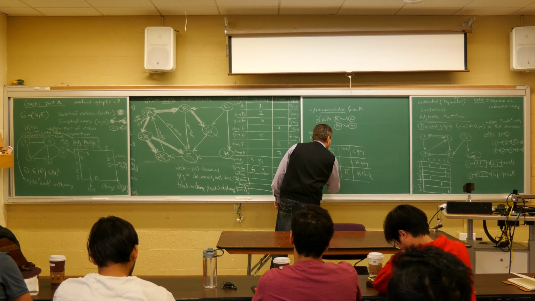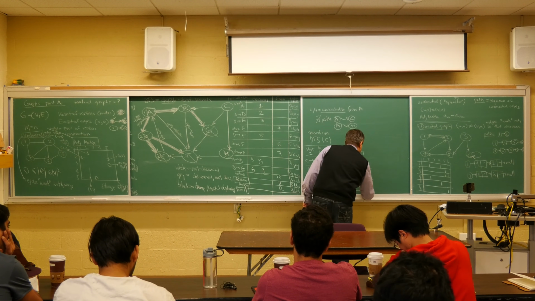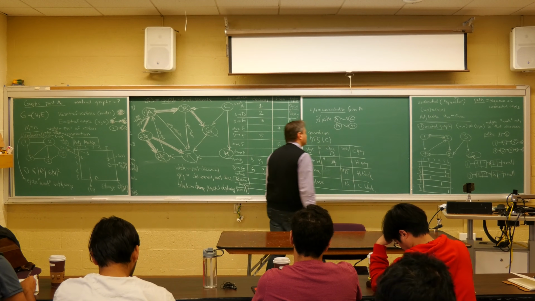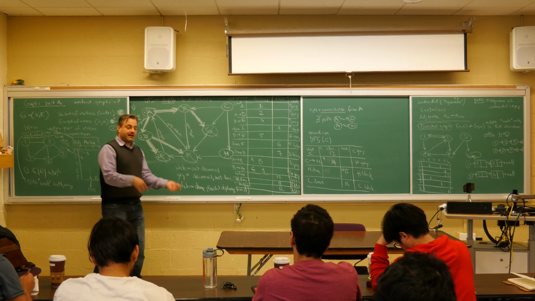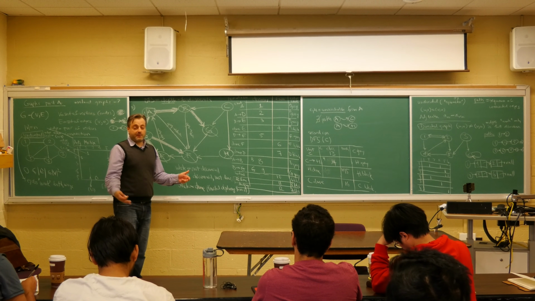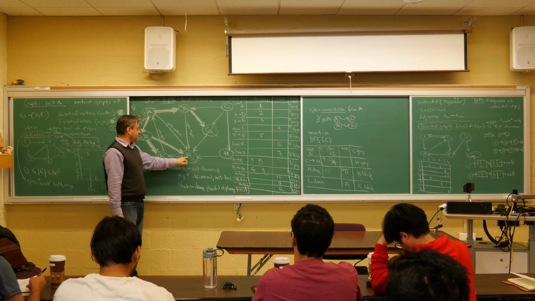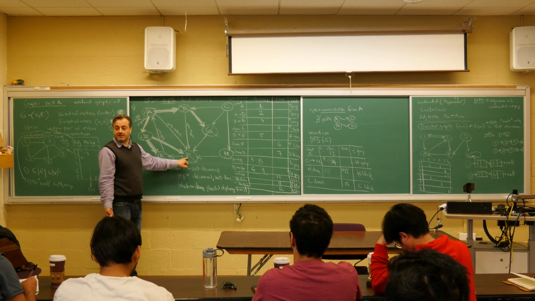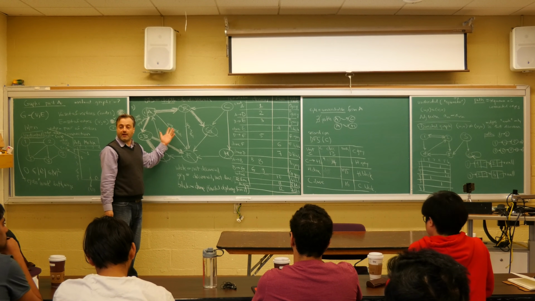That finishing time is 16, and now C is black. So remember, I want to keep track of discovery times and finish times for every node. That depends on where I start, right? I mean, if I didn't start in A, suppose I start in, say, F, I will have different discovery times and finish times. DFS definitely depends on where you start.